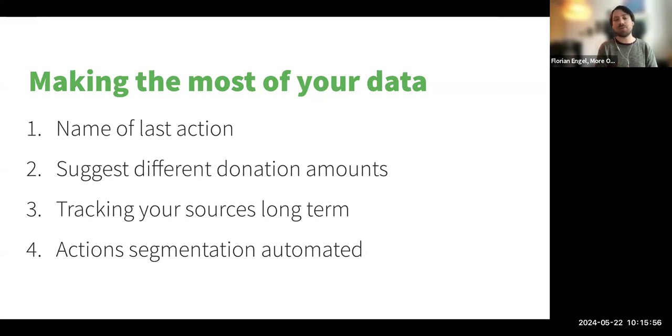The second example I'm going to give you today is to suggest different donation amounts based on the previous donation amounts. So if you think about a supporter who has made a one-off donation of £5, the next time around you can actually ask them for a higher donation.